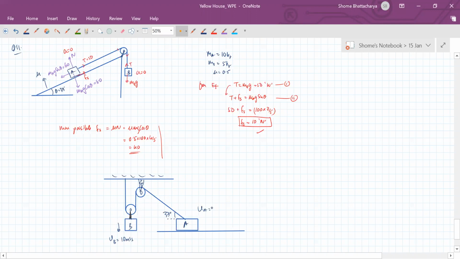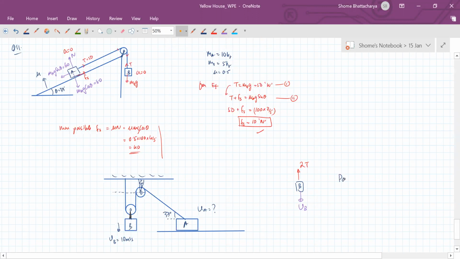So we have to find the speed of block A. So here we will use the concept that if you look at the block B, the net tension acting on it is 2T upwards, and its downward velocity is Vb.